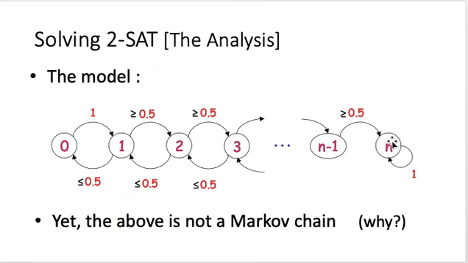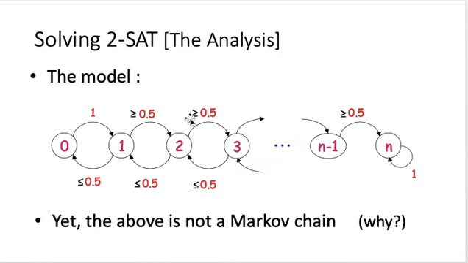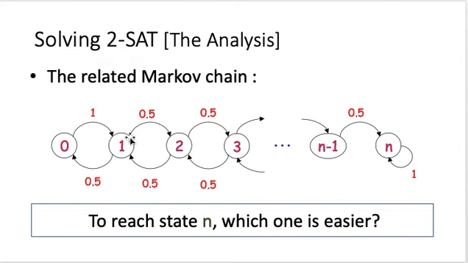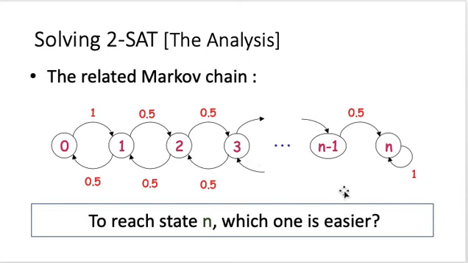If you compare this process, the actual algorithm running, and this related Markov chain, we will see that the first one has more chance to move forward than move backward, but this one has equal chance to move forward and backward for the intermediate states. So in that sense, if we want to reach state n, the algorithm is easier, while this Markov chain is harder.